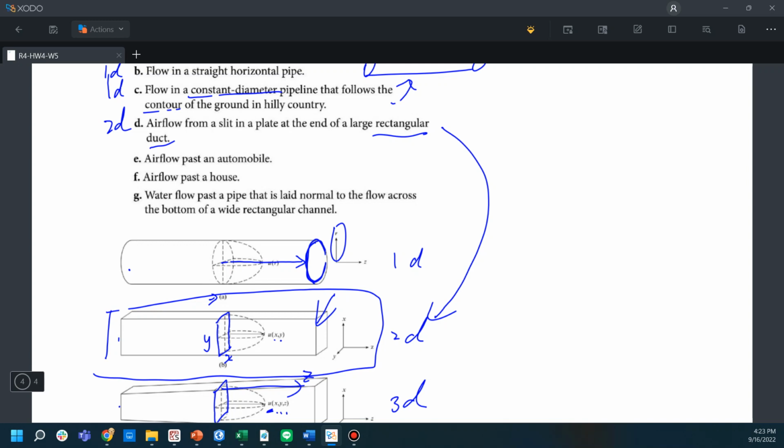And for the E, the airflow past the automobile. Assuming that we have an automobile here, the airflow will flow through here, through the side, through the bottom. So not only does the velocity of the airflow differ, it actually depends on the X and Y location, right?